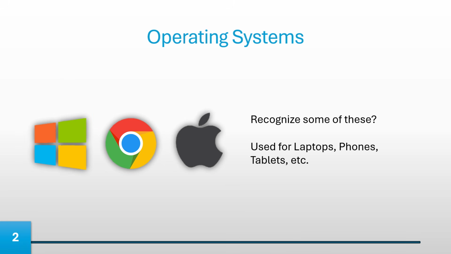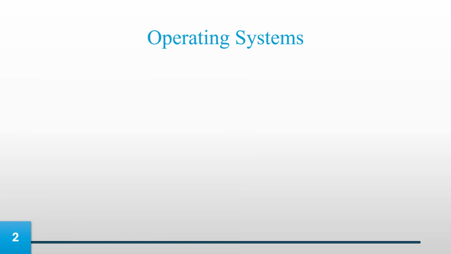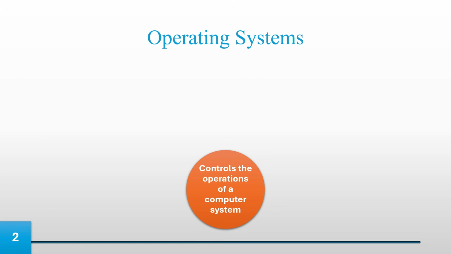Let's take a deeper dive into operating systems. Now, what does an operating system do? An operating system pretty much glues everything together. It controls all the operations of a computer system. We need something to make the hardware talk to the software and the applications and the security. And we need some type of way to interact and request information and view information.